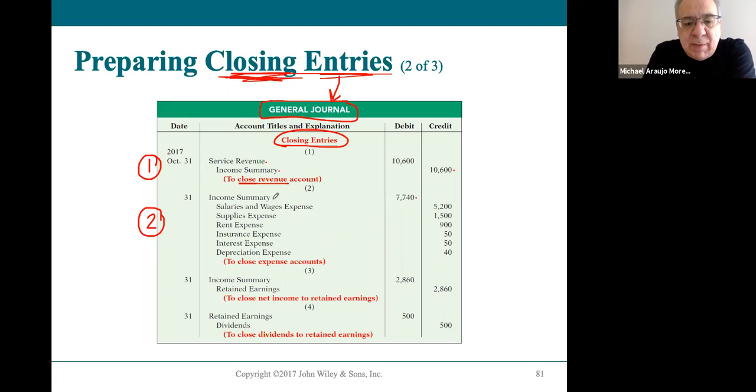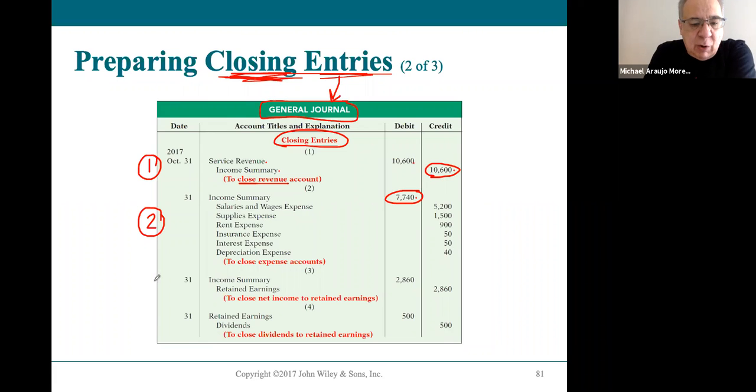So look at the income summary account. Income summary account has all of the revenues in it and all the expenses in it, right? All of the revenues are on the credit side of the income summary account. All of the expenses are on the debit side of the income summary account. In the meantime, all of your revenue account is closed and all of your expense accounts are closed, which means their balances are zero.